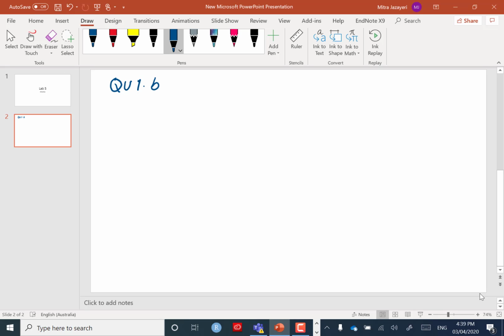Question 1b says that let z be equal to x minus mu over sigma. Now it says that show that expectation of z is equal to 0 and variance of z is equal to 1. All right, so let's have a look at what we have to do.